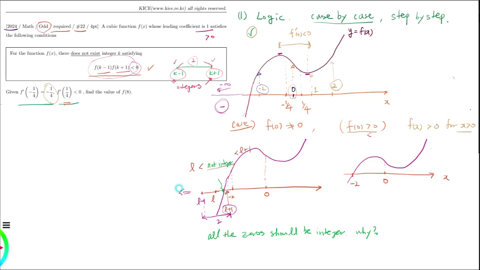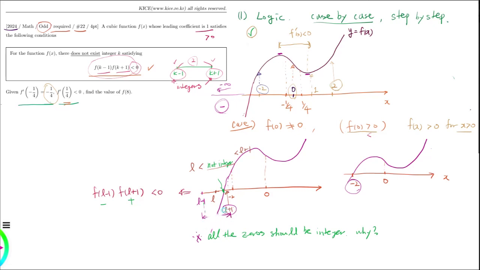So in this case f of L minus 1 multiplied by f of L plus 1 becomes negative, because f of L plus 1 is positive and f of L minus 1 will be a negative value here. Okay, so all the zeros should be integer, like for the second case.